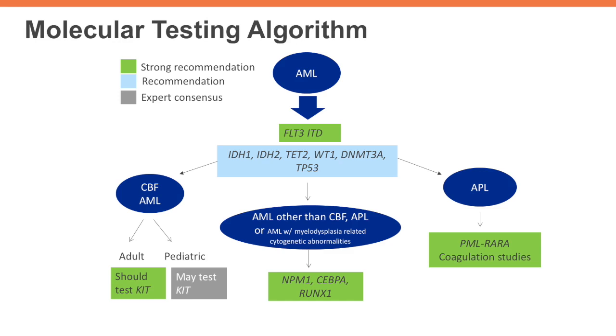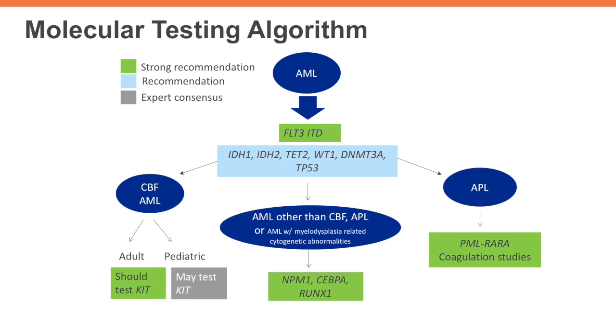This is an algorithm to help you identify what molecular testing should be performed, where strong recommendations based on the literature are shown in green, recommendations are shown in blue, and where the literature is not clear, expert consensus is shown in gray.